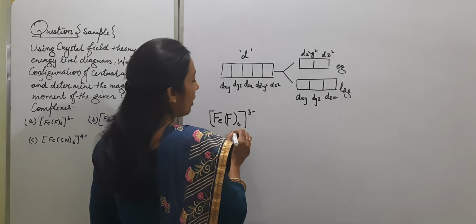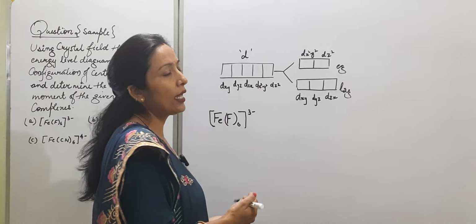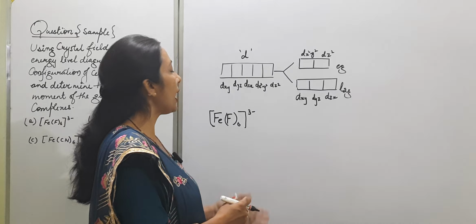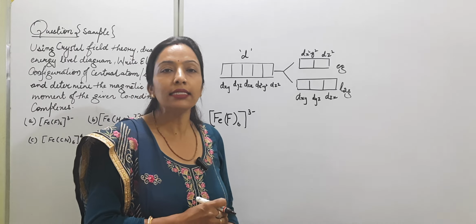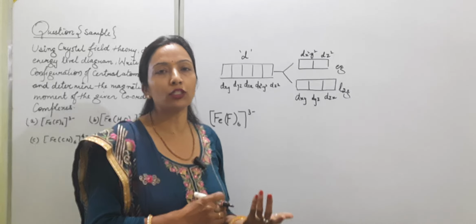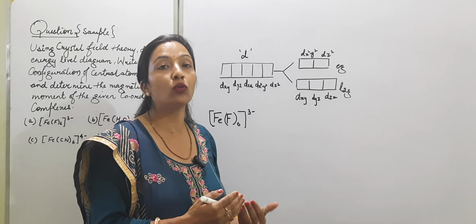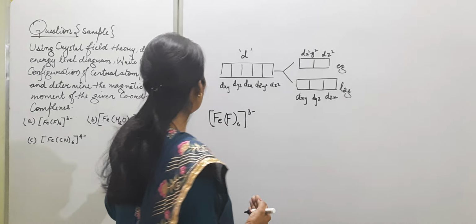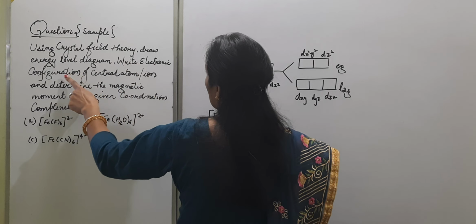Here fluorine is a weak field ligand, and its valency or oxidation number is -1. First we have to find out the oxidation number of this central metal atom, because then we have to write the electronic configuration.